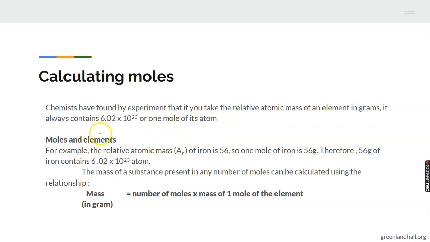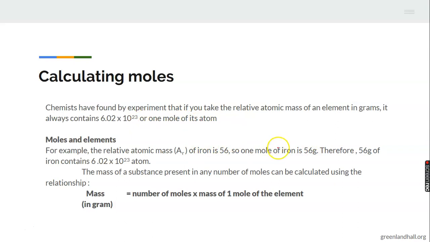So under calculating moles now, the first one we are going to look at is moles and elements. For example, the relative atomic mass, which is represented by Ar, of iron is 56. So 1 mole of iron is 56 grams, just like the way I just explained.